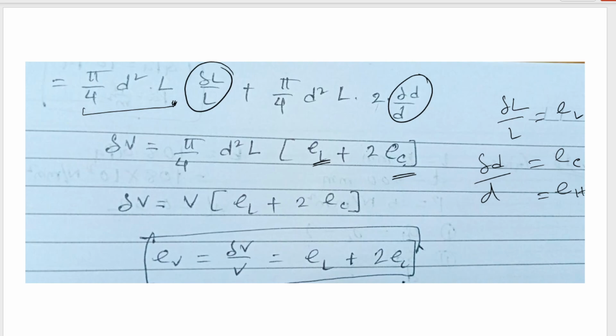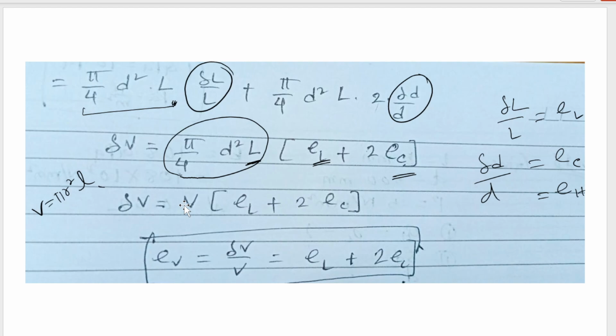So you have found that delta V is equal to V times this term. Take a look: pi by 4 into d square into L is your V, equal to pi r square into h. For a cylinder of length h it will be pi r square into small h, and if the length is small l it will be small l, but here the length is capital L, so you just write it like this.